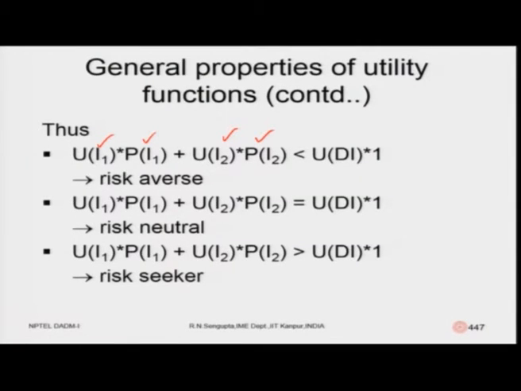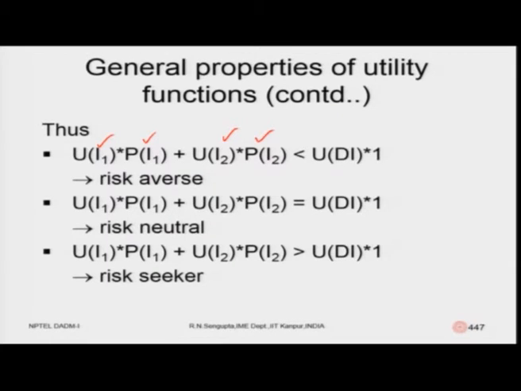In the second bullet point, the person is basically indifferent whether to take the sure event or not take the sure event, and what is the expected value, and so on.